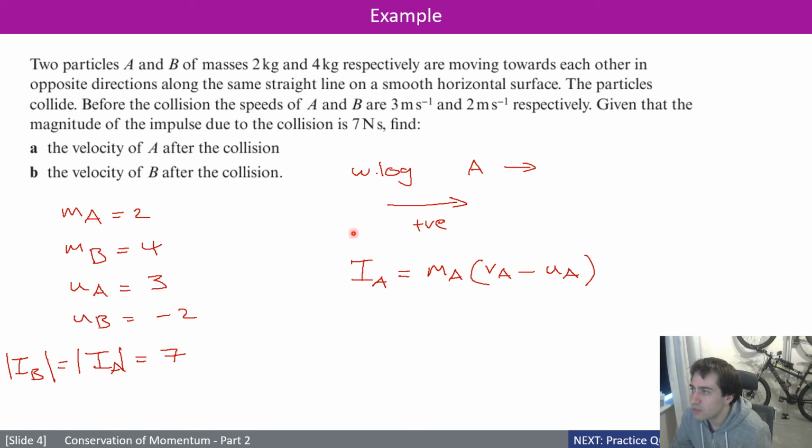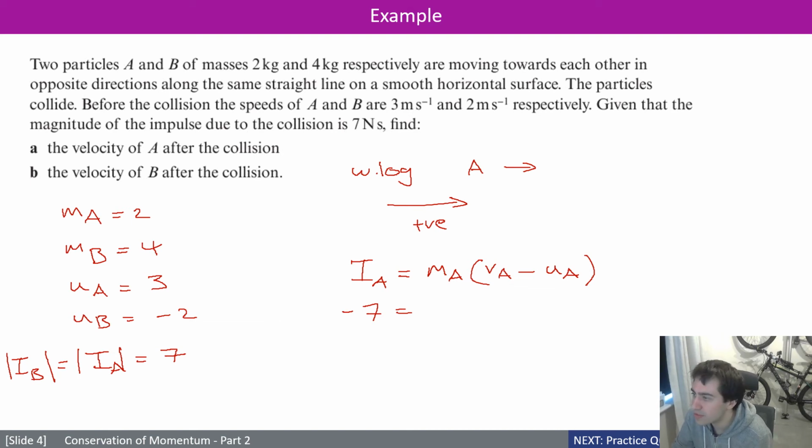But actually, if you think about it, because without loss of generality we've defined A as going to the right, let's for a moment see what the impulse must be. So A is moving right, and therefore if it's going to collide with B, B is going to be moving left. So then they hit each other. So what direction is the impulse going to be? It's going to be in the opposite direction to the direction of motion. So if A is going right, its impulse is going to be going left. So that tells me that this is minus 7 in this case, without loss of generality.